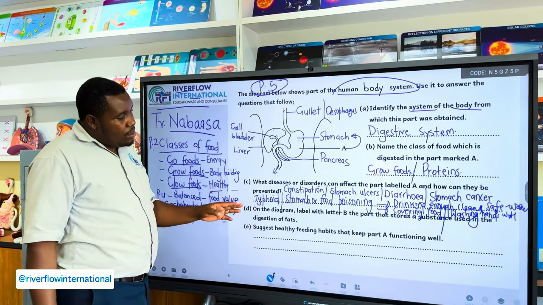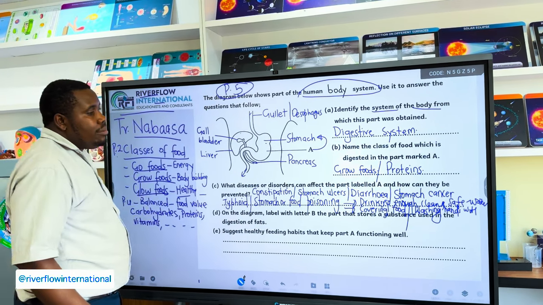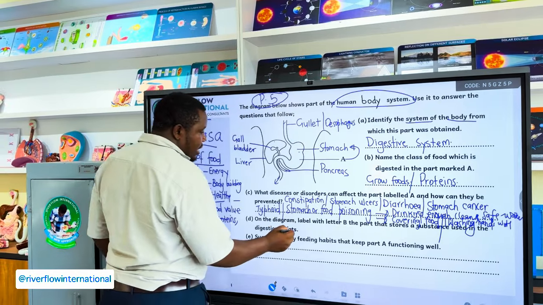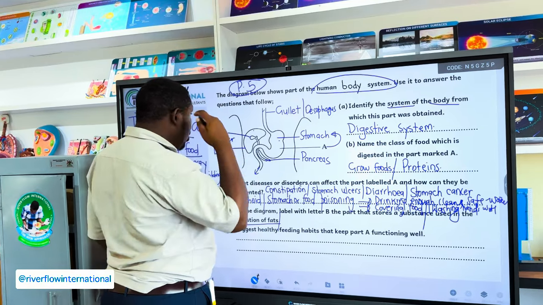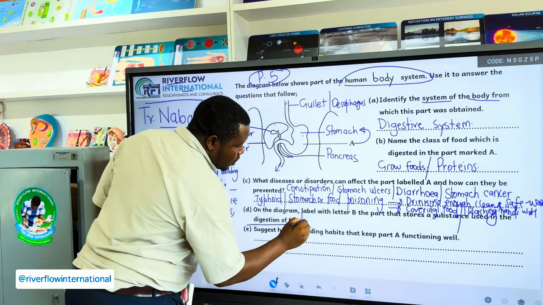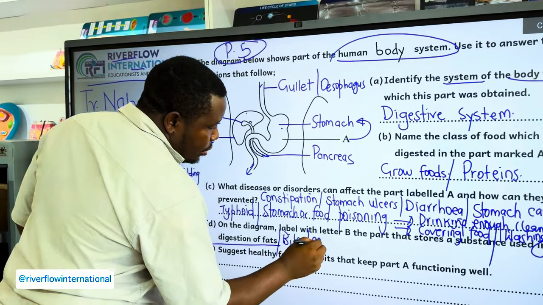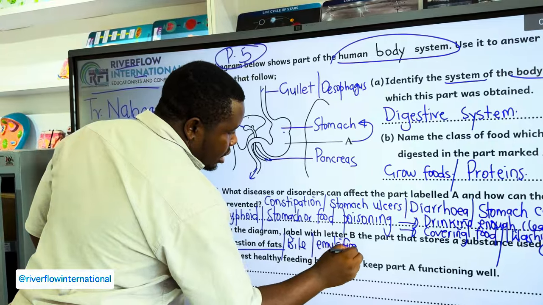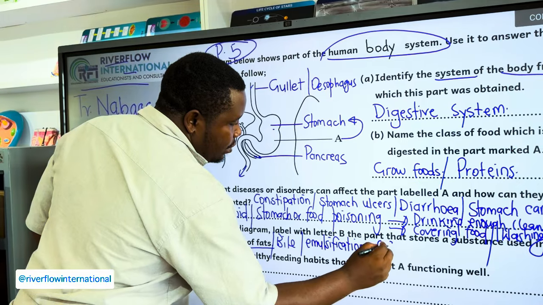Then on the diagram, they want us to label with letter B the part that stores a substance used in the digestion of fats. Now, for digestion of fats, there is a chemical produced in the liver and stored by the gallbladder, and it is called bile. This bile is important in the emulsification of fats.